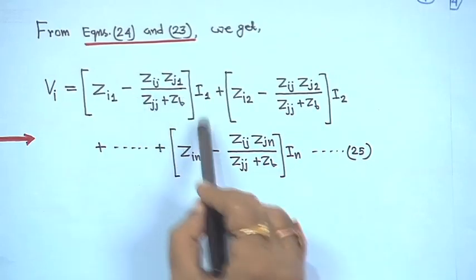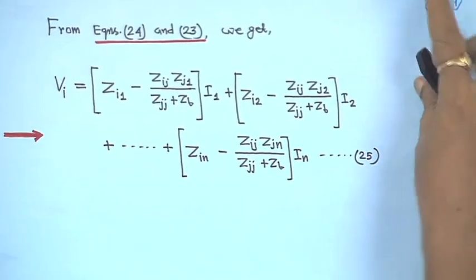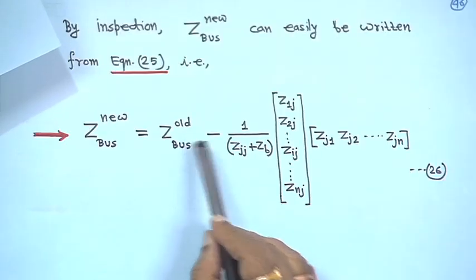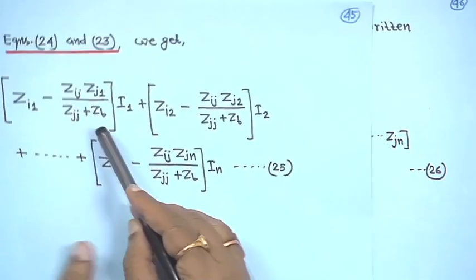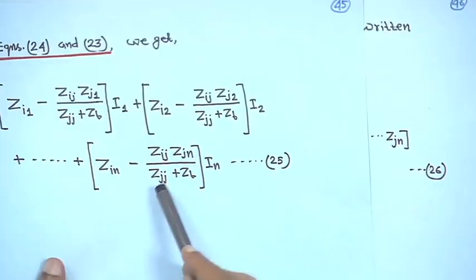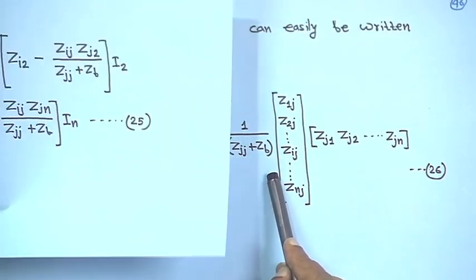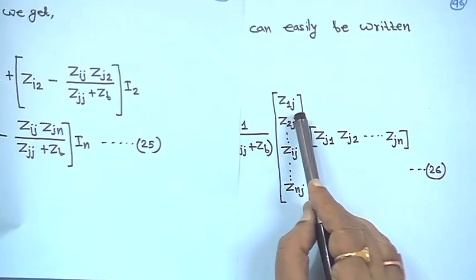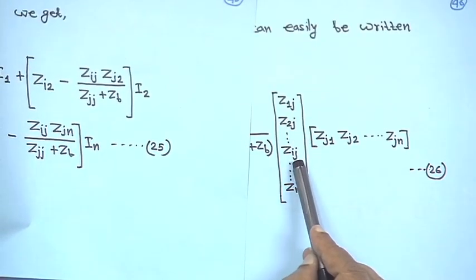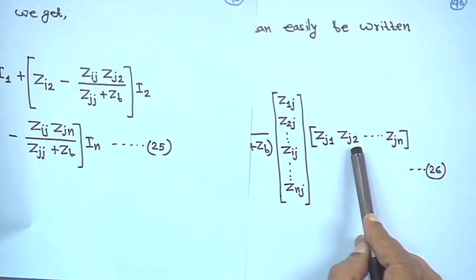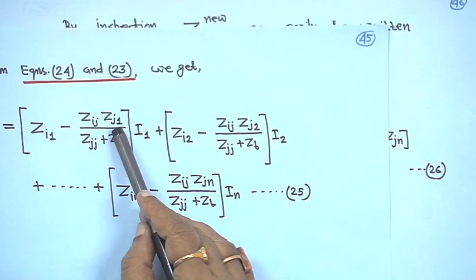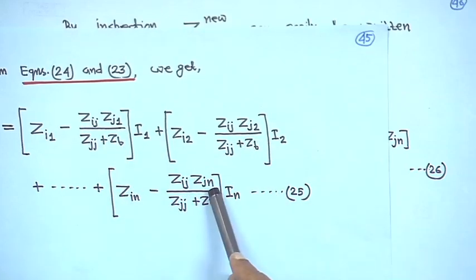If you try to put them in matrix form, then Z bus new will become Z bus old minus 1 upon Zjj plus Zb, times the product of the column Z1j, Z2j up to Zij, Znj and the row Zj1, Zj2 up to Zjn, because these products are there: Zij Zj1, Zij Zj2, Zij Zjn.